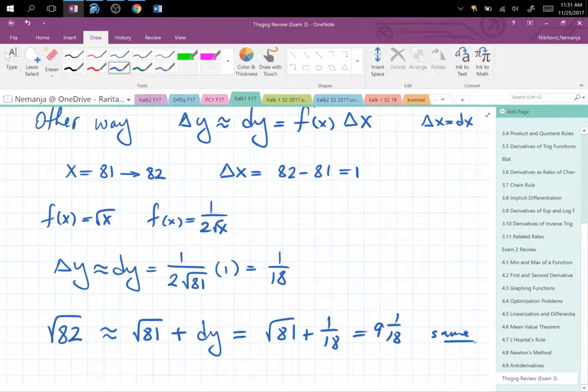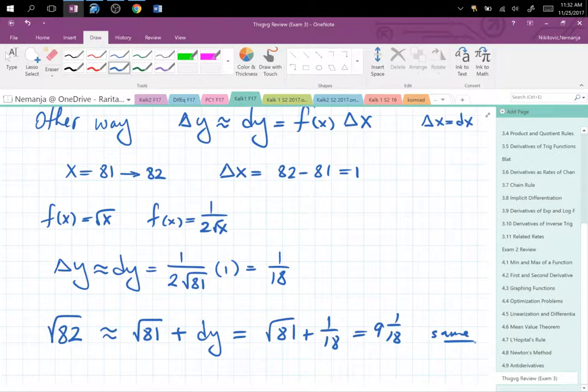Learn to read the formulas, read them aloud, and listen to yourself talk. The square root of 82 is approximately equal to the square root of 81 plus the change between root 81 to root 82. Does that make sense?